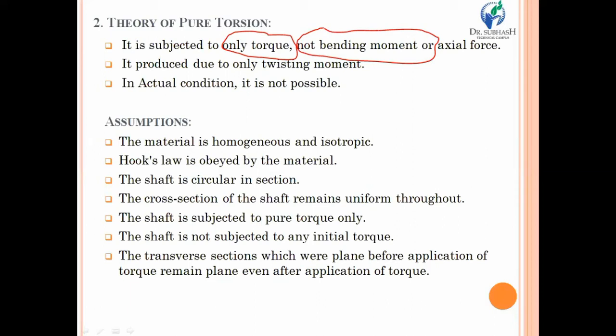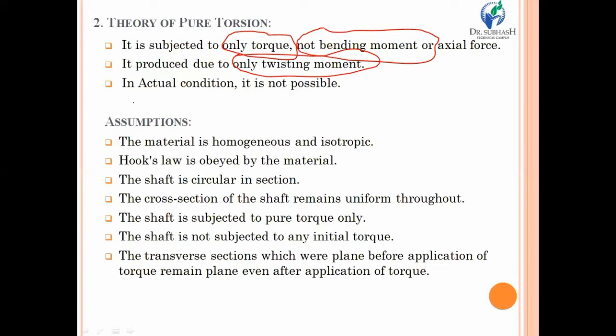And torsion, or we can say the shear stress, is produced due to only the application of a twisting moment. That is the second subtopic that you have to consider. But in practical situations, you are not able to find any machine component which is subjected purely to twisting moment.